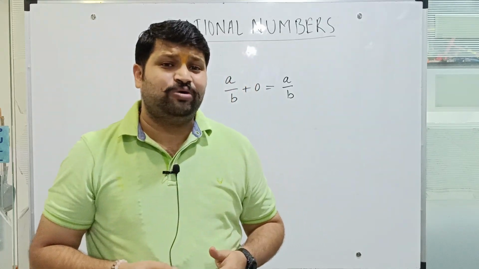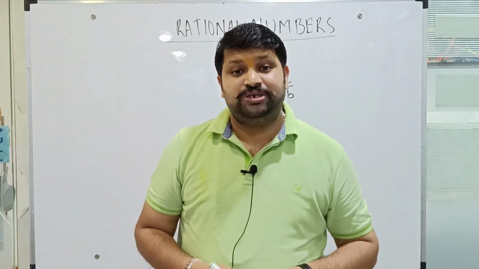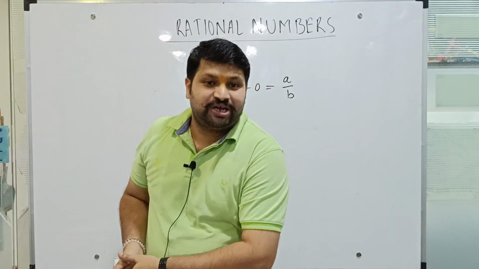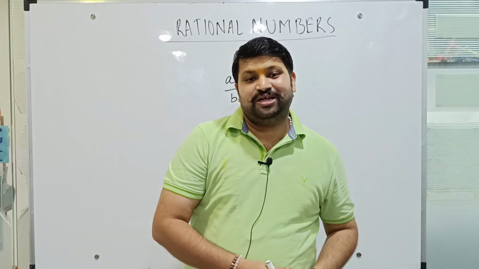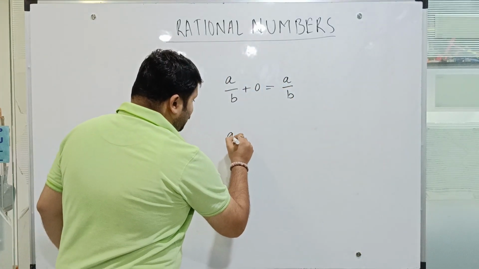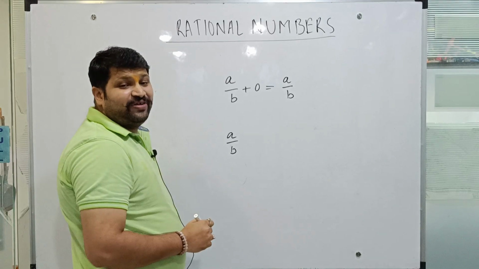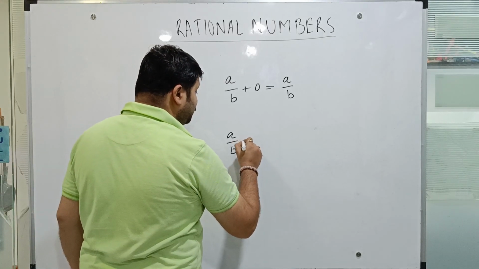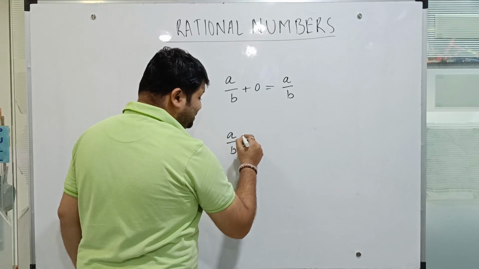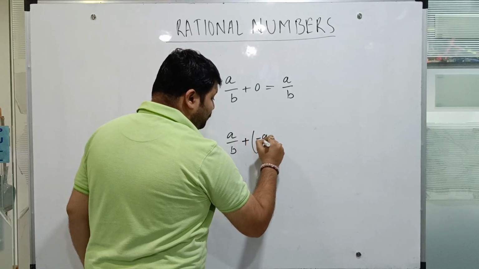The next thing that we talk about is the additive inverse. Additive inverse is a rational number which, if added to the given rational number, would give the final answer as 0. So if I have a upon b, then the additive inverse for a upon b would be minus a upon b.